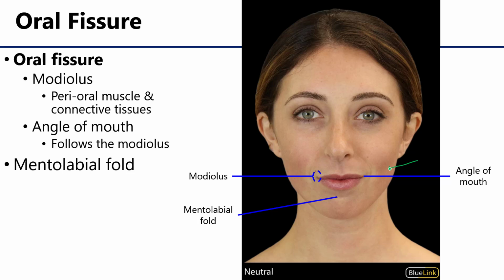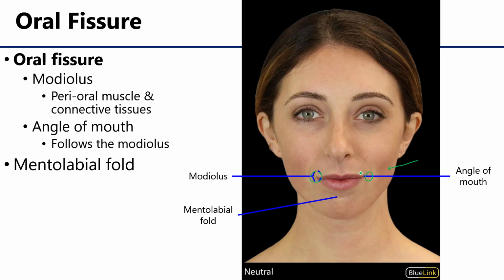Now, various facial muscles are associated with various fissures on the face, and those that are associated with the oral fissure tend to come together and interdigitate their muscle fibers with other connective tissues in an area known as the modiolus. That modiolus can be found deep to the angle of the mouth.